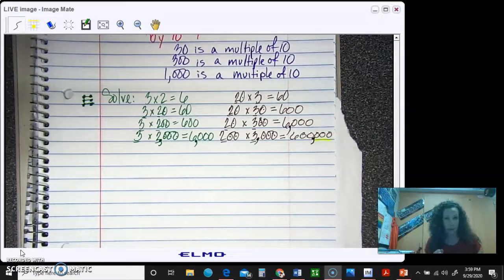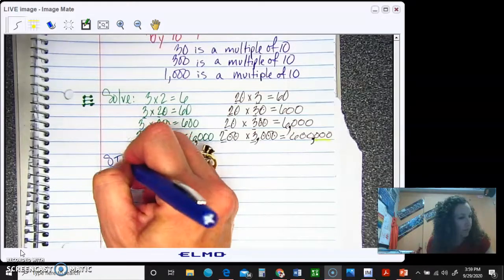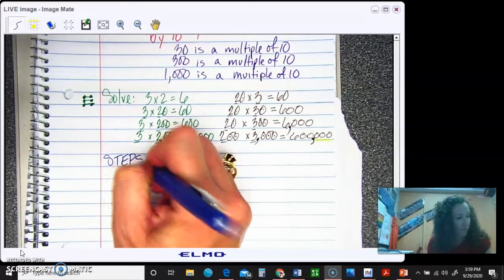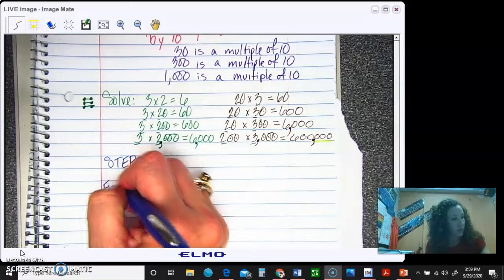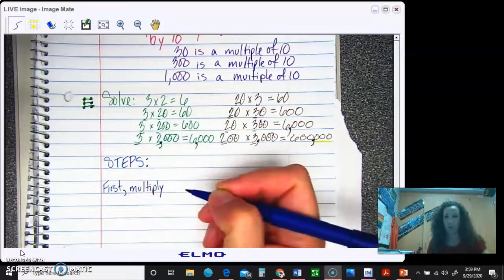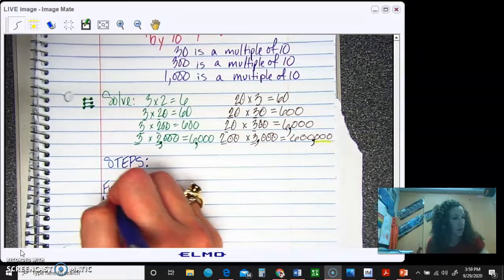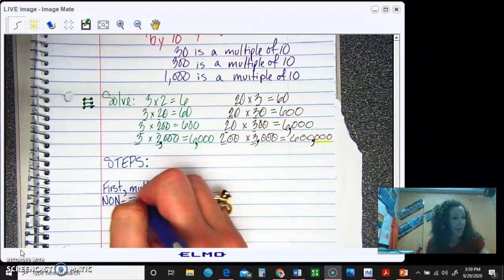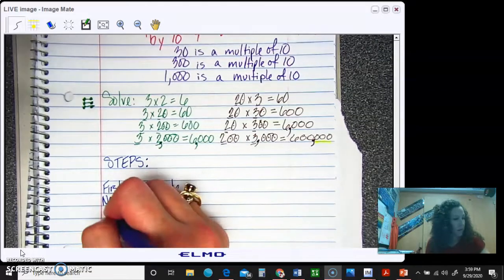So now that we've seen it, it sort of makes sense. We're going to do a flow map with the steps. Tons of steps. Tons and tons. Get ready. Okay? Let's see. I'll do this color today. Okay. First, multiply the non-zero digits, that means anything that's not a 0.